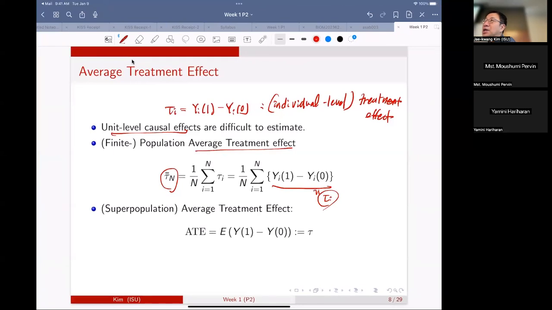Then this is the population level average treatment effect, right? And if n goes to infinity, then the finite population becomes the infinite population. So that is the ATE, usually the average treatment effect in the model.